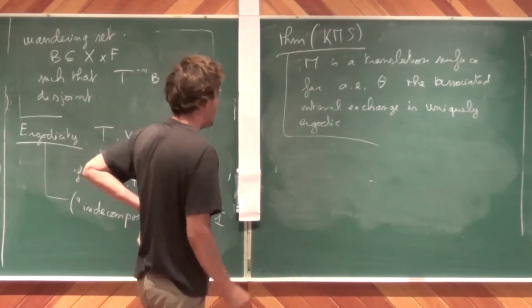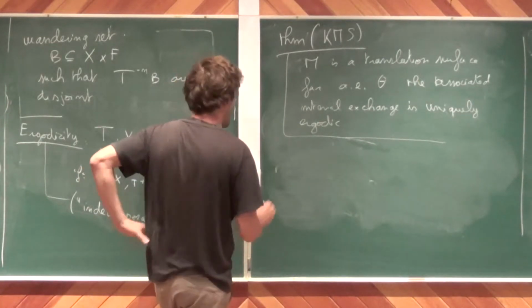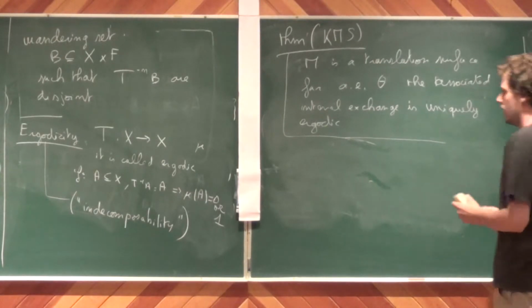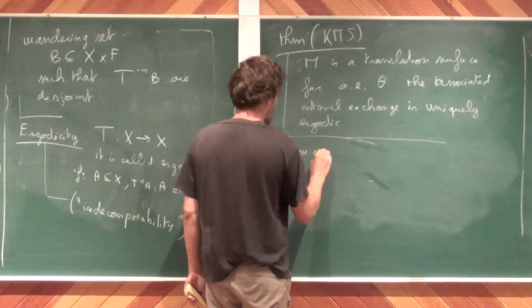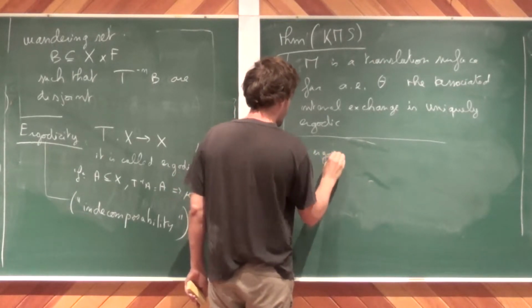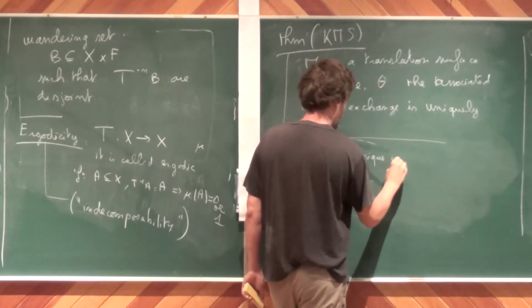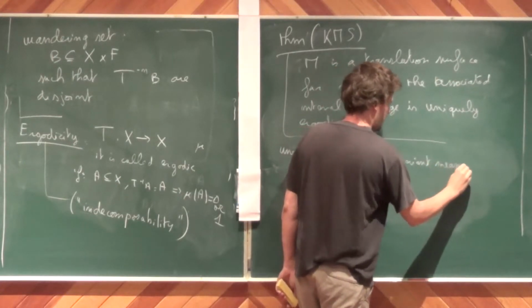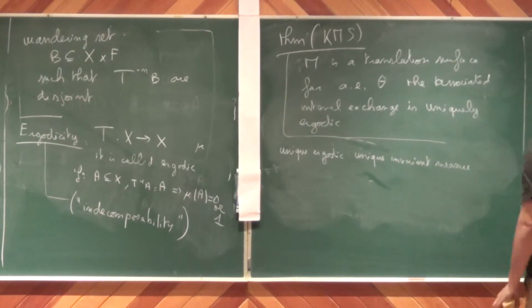So what is the difference between uniquely ergodic and ergodic? I guess that Rodrigo defined unique ergodicity, which is a unique invariant measure. And when you do have ergodicity, you have one important theorem, which is Birkhoff's theorem.